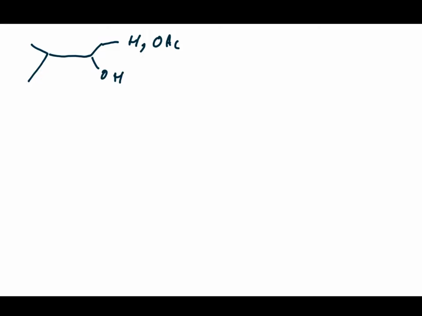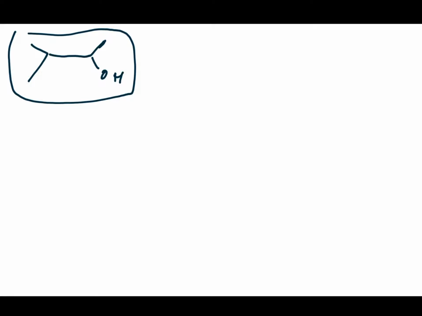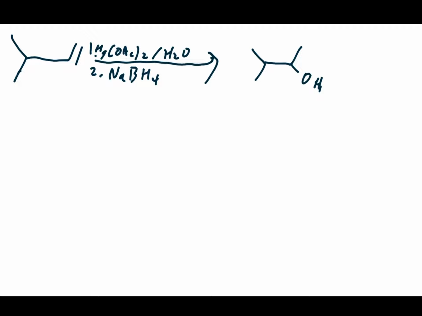And we still have this mercury, but that's why we have the second step with sodium borohydride. All that does is it just gets rid of the mercury and replaces it with a hydrogen. So then it just leaves you with this as your solution. Okay, so both of those left you with the more substituted solution, the Markovnikov solution.